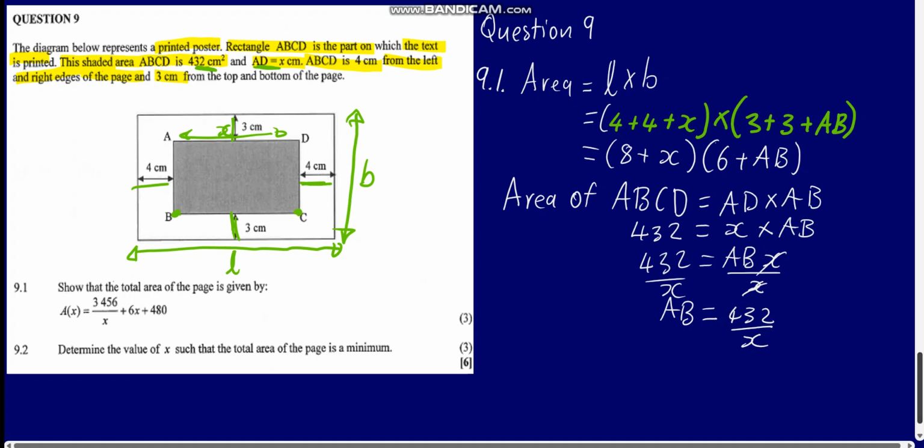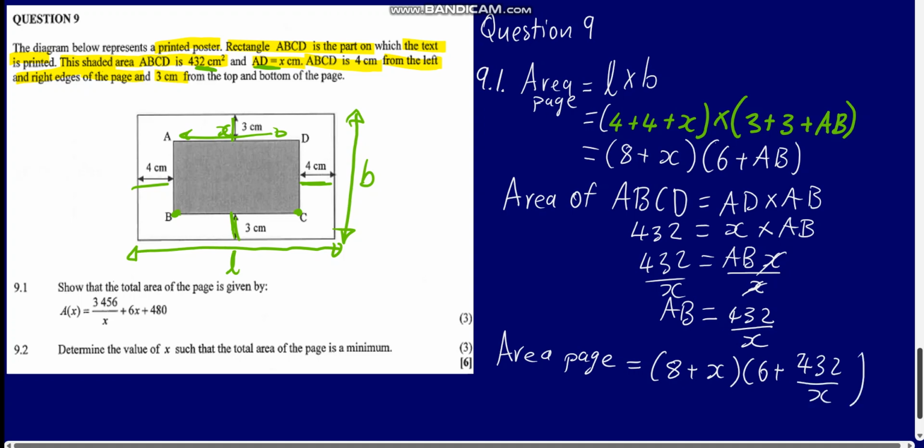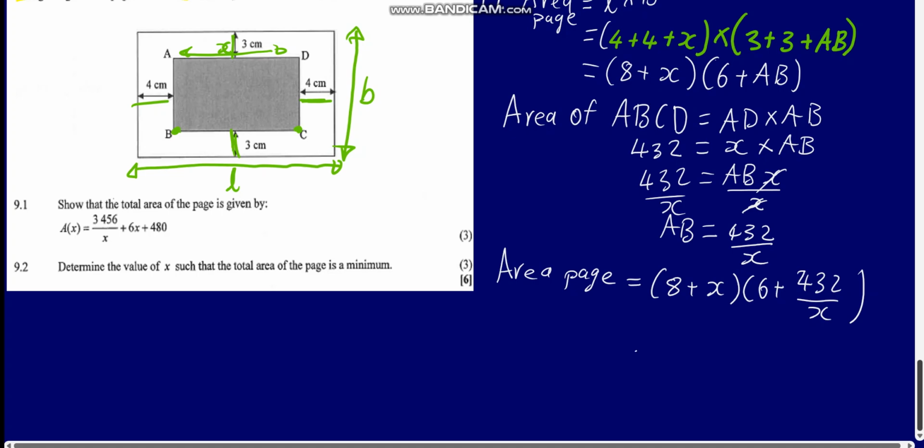So now we will go to the area of the page. So this is the area of the page, right? So area of page is equal to 8 plus x, and then 6 plus 432 over x. Now let's do the multiplication here and see if we will get to that.